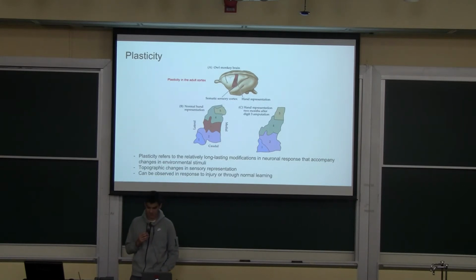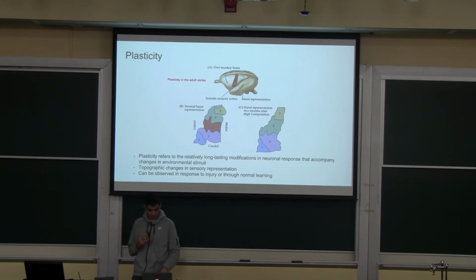And the final part of somatosensory here for the review session is this idea of plasticity. Dr. Wang didn't discuss this extensively this year, but it's defined as long-lasting modifications in neuronal response that accompany changes in stimuli. Usually you see it either as a result of learning, or in this case as a result of an injury. So here's an amputation example, where you get topographic changes in sensory representation.